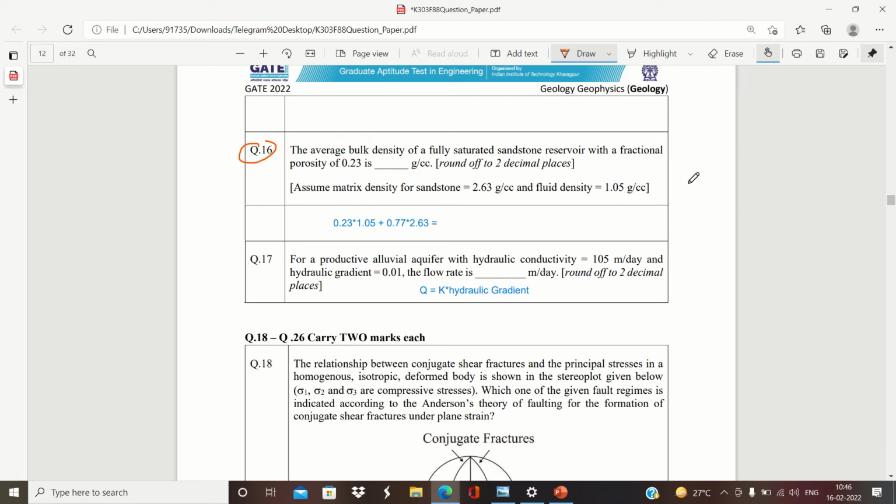We have two parts of this sandstone: the matrix part, and the porous part which is completely filled with fluid. So it is porosity times the fluid density plus 1 minus porosity, the remaining part, multiplied by the density of the matrix or the density of sand. The final result will be around 2.26. If you calculate, you will get the exact answer.